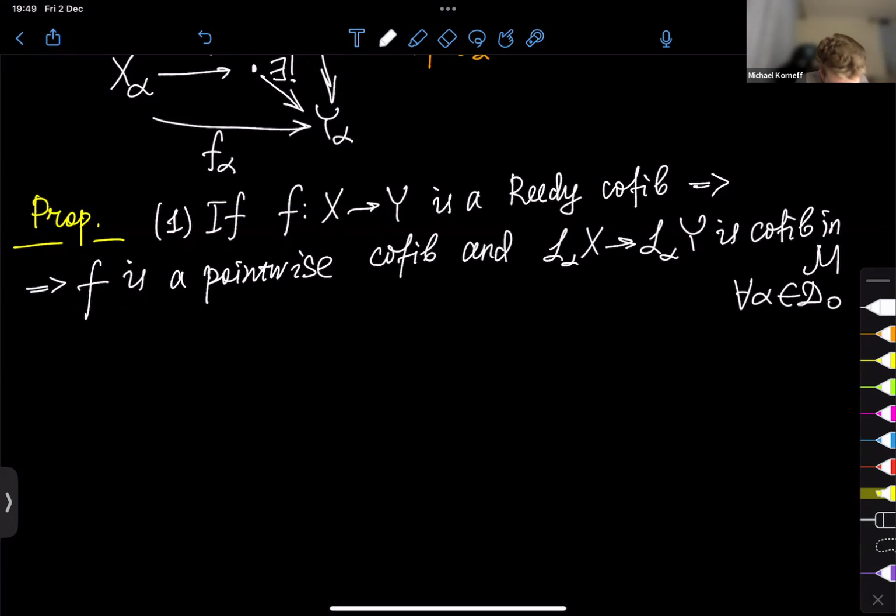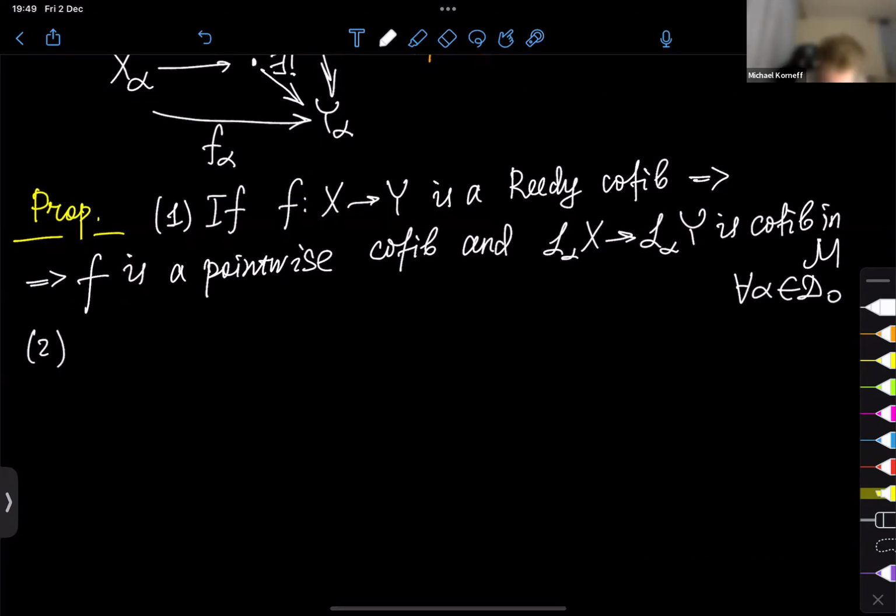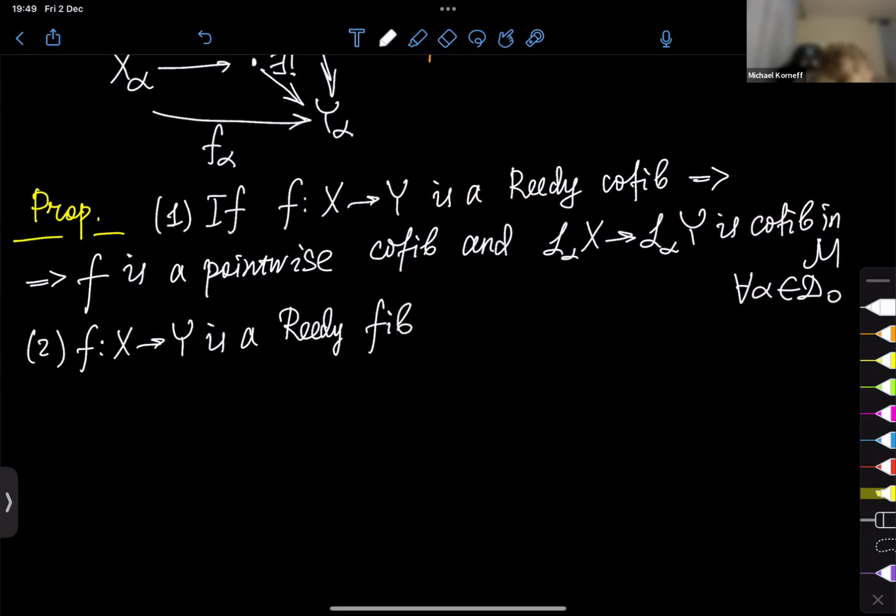And the second, as usual, for the matching objects. This is a Reedy fibration.